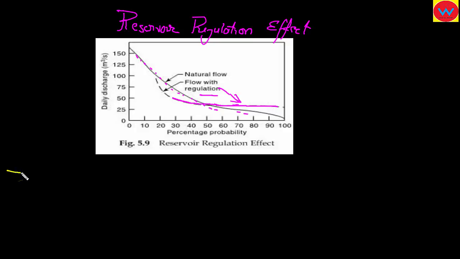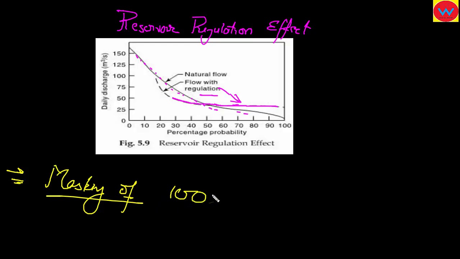The next factor affecting this graph is the masking of chronological sequence of occurrence. That is, let us say a discharge of 100,000 cubic meters per second in a stream will have the same percentage whether it occurred in January or July. This aspect is a serious handicap.